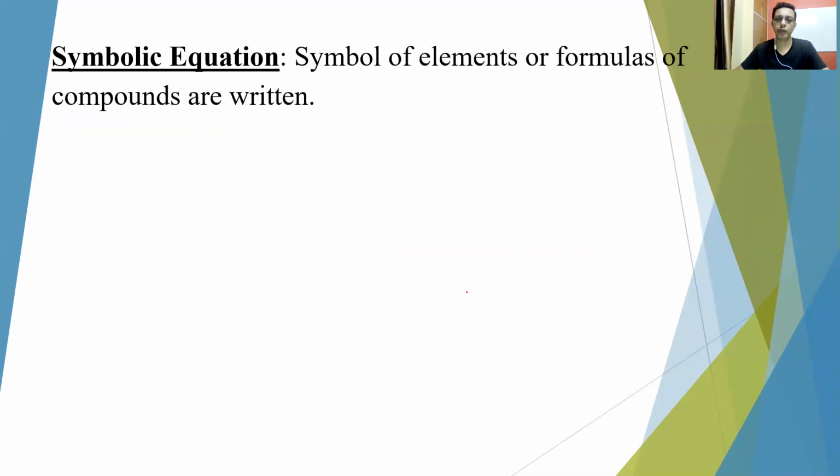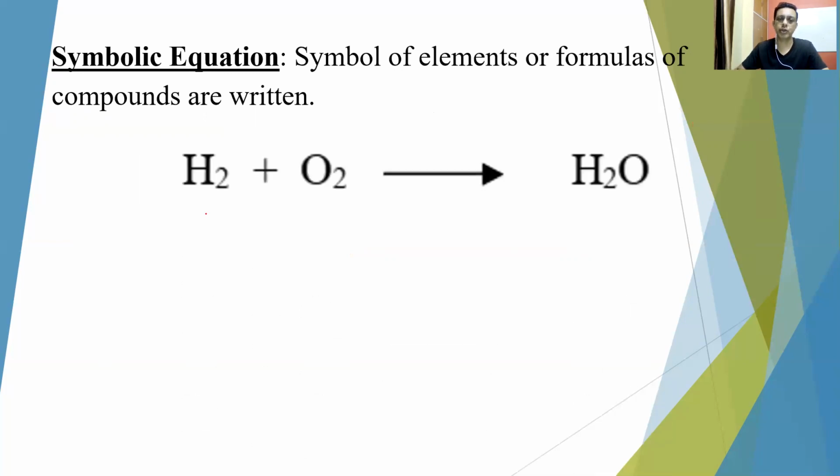Then a symbolic equation is where the symbols of the elements or formulas of the compounds are written. Like the same equation, hydrogen and oxygen, if you write like this, it becomes a symbolic equation where the symbols of the elements and the formulas of the compounds are written. Like the earlier equation that I've written, carbon plus oxygen gives carbon dioxide. This becomes a symbolic equation.